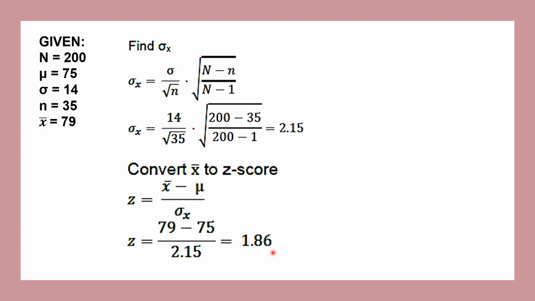Kasi, pag ginamit nyo is yung for infinite population, mali na agad yung lilitaw na sagot natin na z-score. So, careful lang tayo. Dapat ito yung formula gamitin natin kasi finite population yung involved.